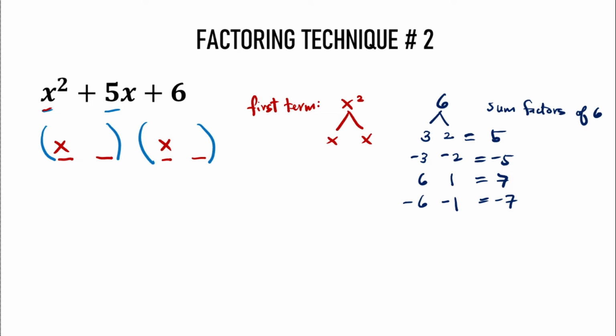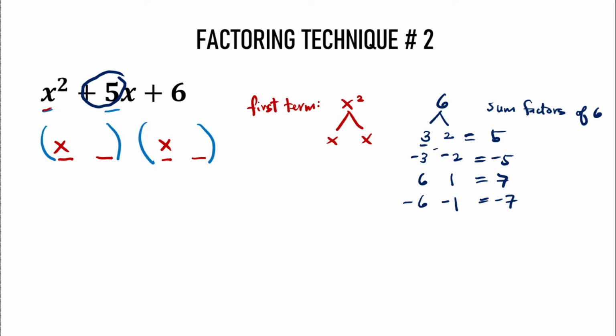Piliin natin yung pair of factors na pag i-add natin will add up to positive 5. So, saan dito pair of factors na pag i-add natin, the result is 5? So, there it is. The positive 3 and positive 2.